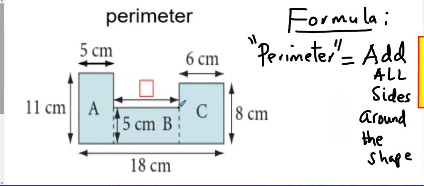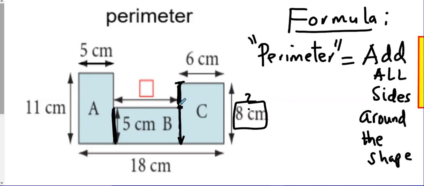Let me start with this part from here to here. From here to here will be equal to this. Can you see this? This is 5. That 5 plus this missing number should give you 8, because the full length from here down there is 8.